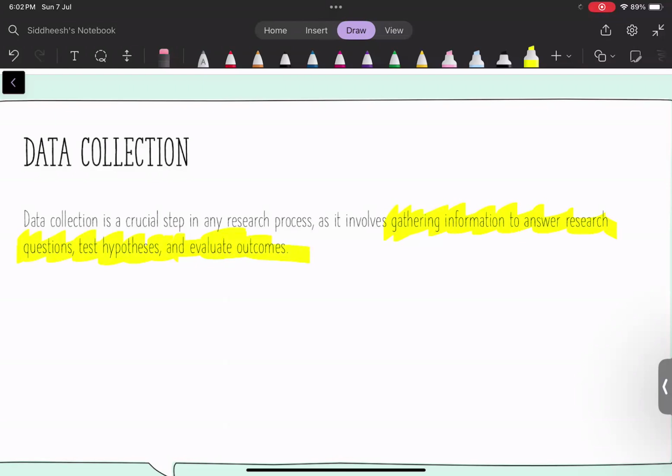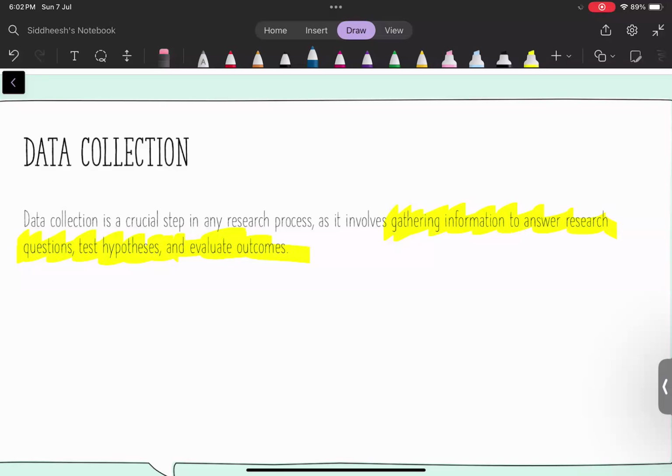Suppose you are planning a retrospective or prospective study, you will go to your MRD, talk to your patient, and collect data from the patient: age, education qualification, what disease he or she is having, what family history, and all sorts of data.